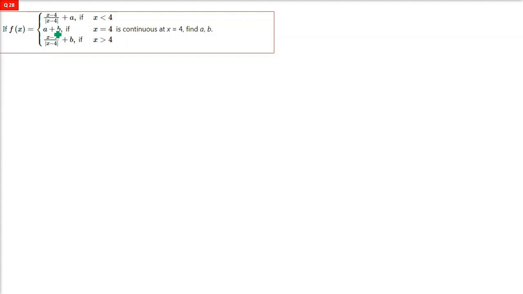If f(x) is this, now there are 3 partitions, or you can say 2 partitions along 4. So at x equals 4, f(x) is given as a plus b. When you go on the left hand side, it is going to be x minus 4 divided by modulus of x minus 4, plus a, when x is less than 4.